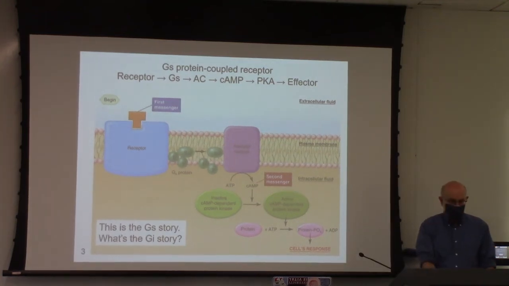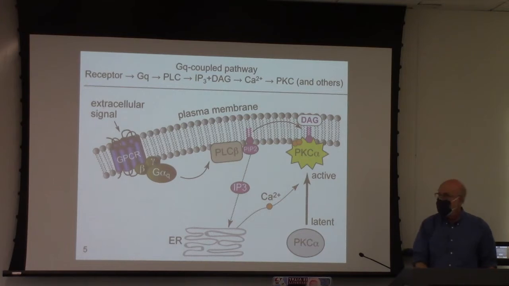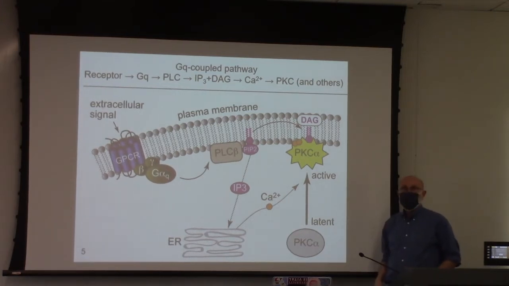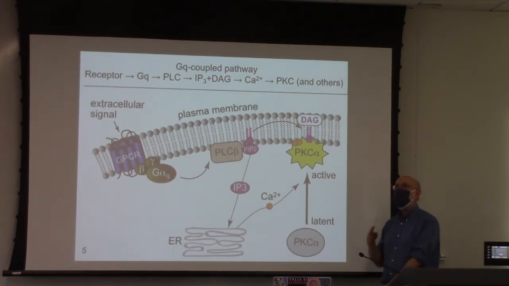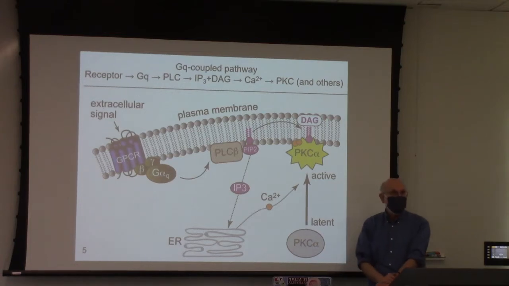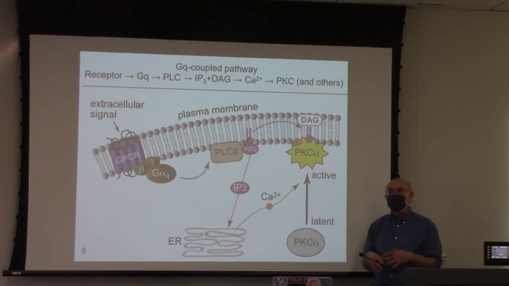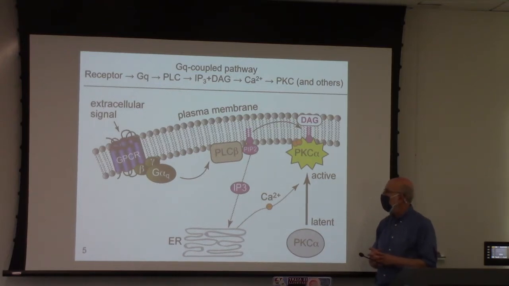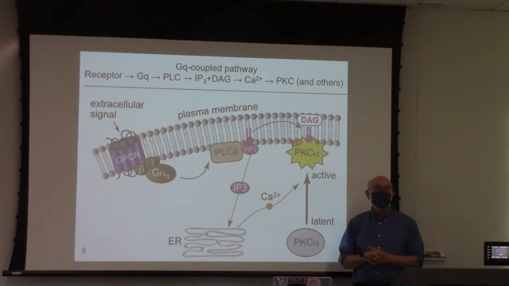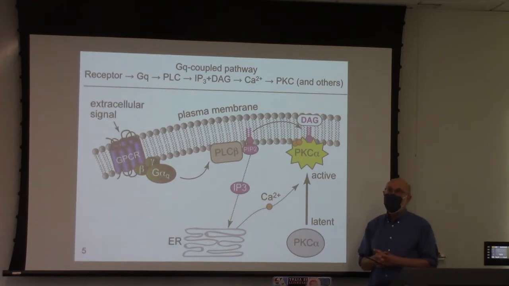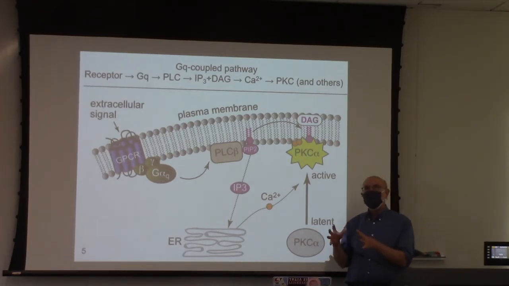Here's the GQ story, which your problem set asks you to outline. So I'm not going to do it because I want you to do it actively by solving the problem. And then there's a question about turning off the GQ pathway. And I want you to work on that.